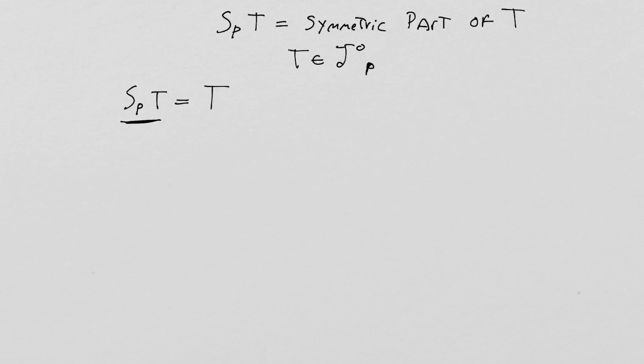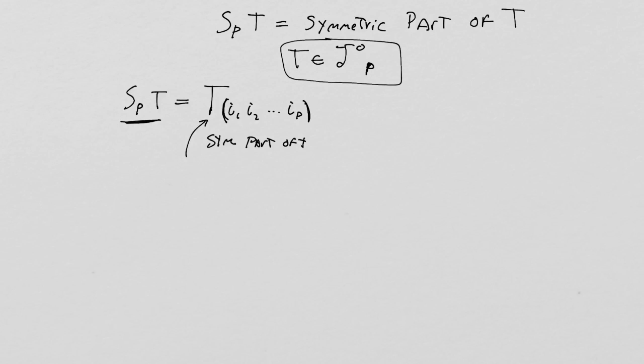The tensor T will be given its indices, I1, I2, all the way through IP, but I'm going to put parentheses around it. The parentheses mean that this is the symmetric part. This is just the symmetric part of T. T is an arbitrary tensor in this space.